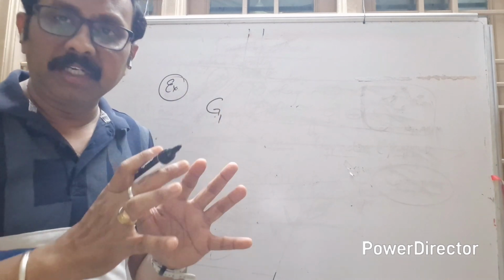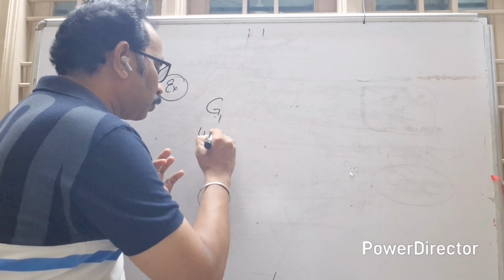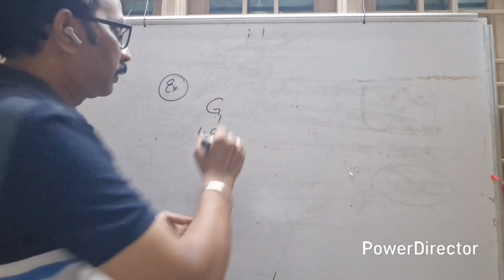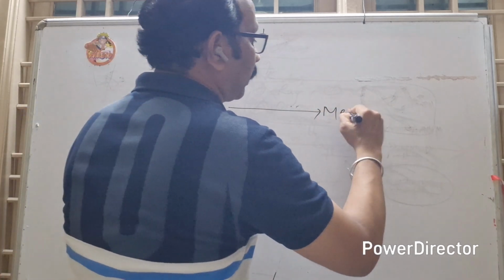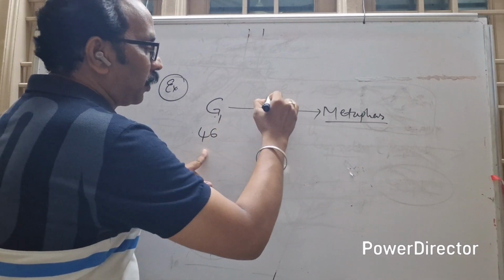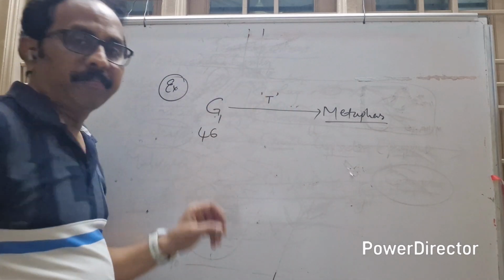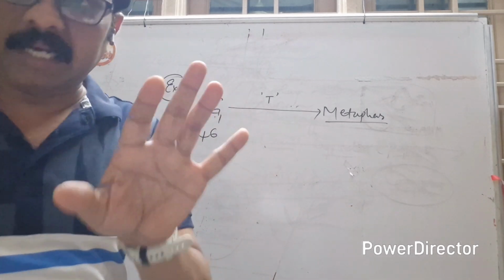If the question asks about human G1, you can go with 46 chromosomes. But they are asking the number of chromatids present at metaphase, if the medium has radioisotopic thymidine.